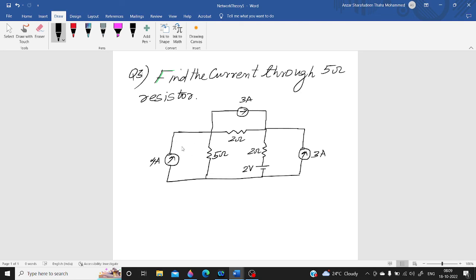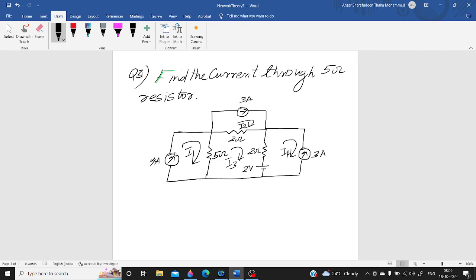The first thing is you can assign the current directions. How many meshes are there? There are 4 meshes. I am considering this as the first mesh, I1, this as the second mesh, I2, this as the third mesh, I3, and this as the fourth mesh, I4.